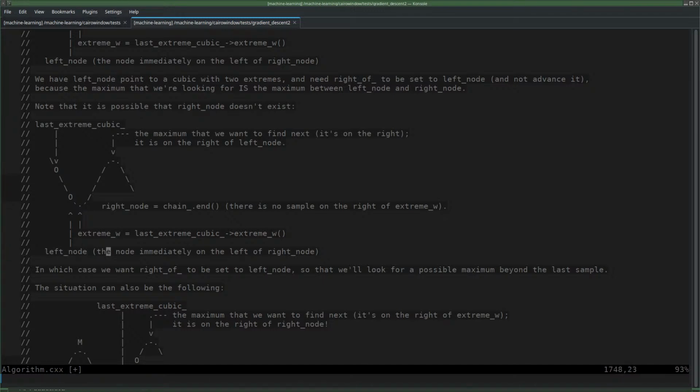I think we found that by it is on the left of the right node, because it is also something, and then if you decrement the iterator you get the last thing, which is then left node here.